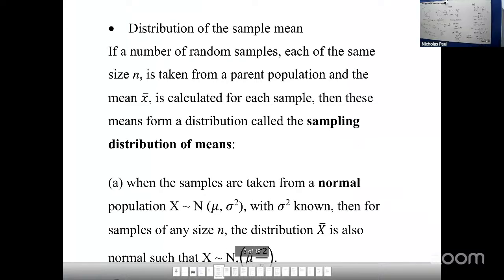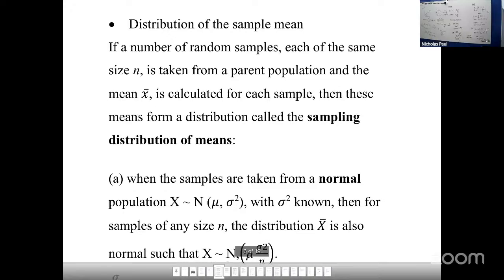Nice. So remember this distribution whenever you're doing confidence intervals or hypothesis testing. This is the distribution that you're using. It's called the sample distribution of means.